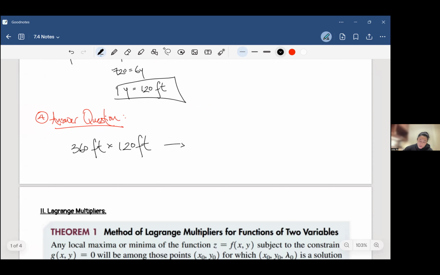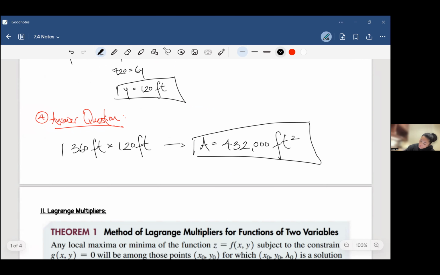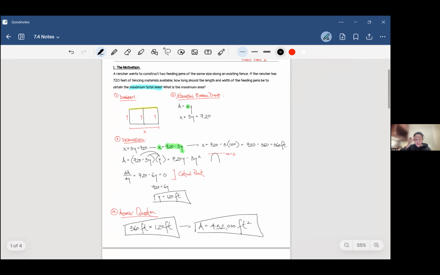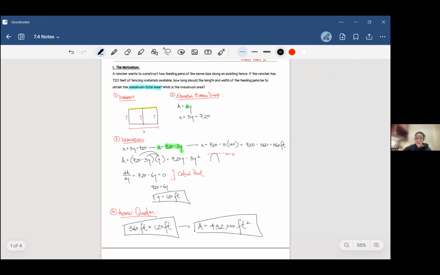And if we multiply those out, we get an area of, I think, 432,000 square feet. Okay. So that's how much we can fence in if we are looking to construct those two pens along that existing fence. All right.